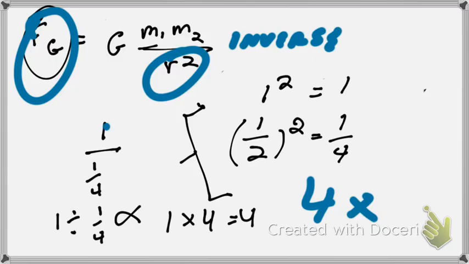And when we're talking about inverse proportions, you need to be able to know what happens if there's an alteration in terms of an increase in the radius or a decrease in the radius.